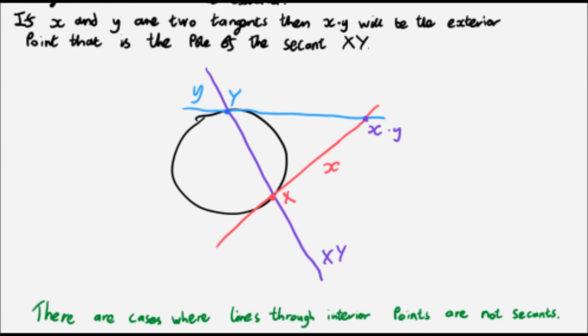So then it follows that if we take two distinct tangent lines, x and y, and we find their meeting point, that's got to be an exterior point. And by duality, the point little x meets little y has got to be the pole of the line through big X and big Y, where big X and big Y are the poles of lines little x and little y.